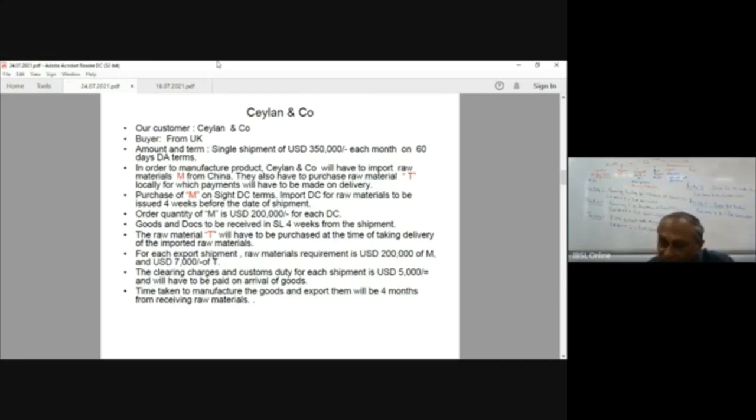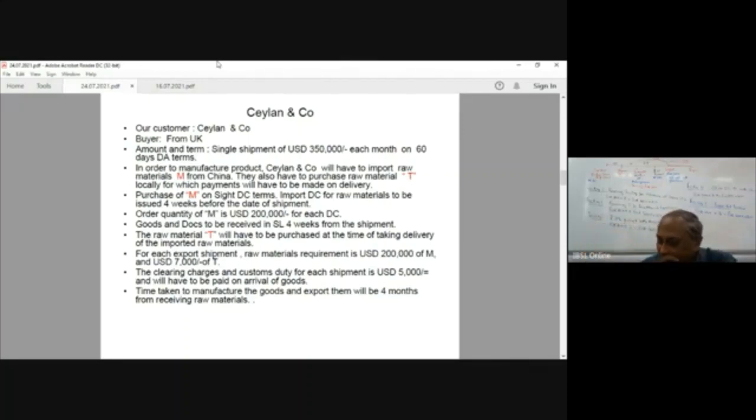Once you ship the goods, you will dispatch the documents to the Italian buyer. Then the Italian buyer's bank, not the negotiating bank, that's the issuing bank.